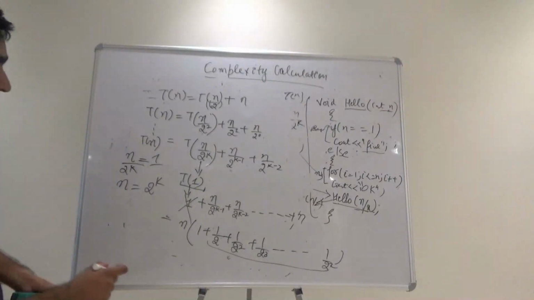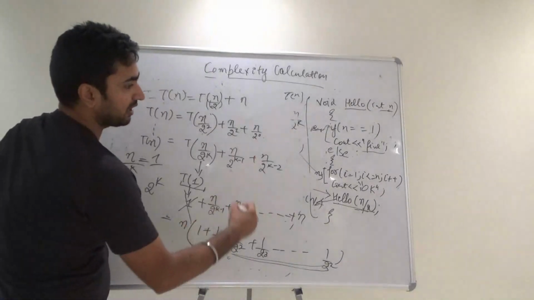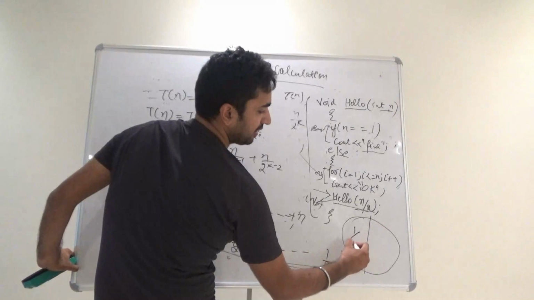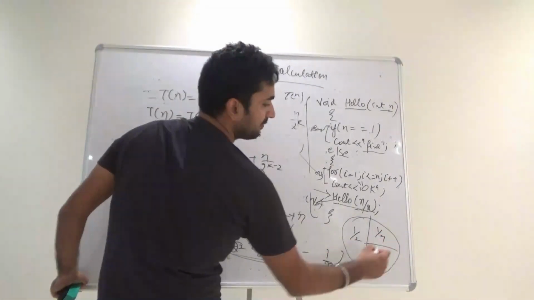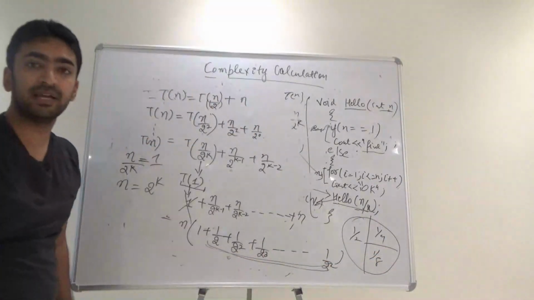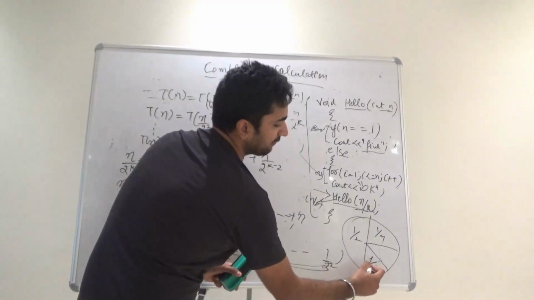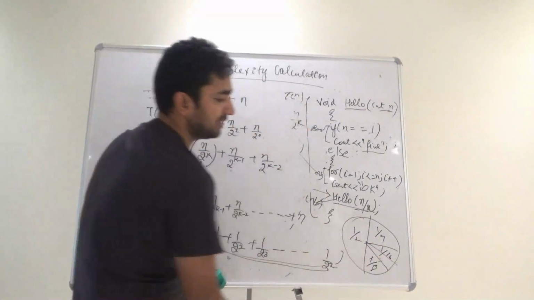So the important thing is what is the answer of this whole situation. If you take a circle, this is half of it. If I divide this, it becomes 1 by 4. If I divide this one, it becomes 1 by 8. If I divide it even further, it is 1 by 16.